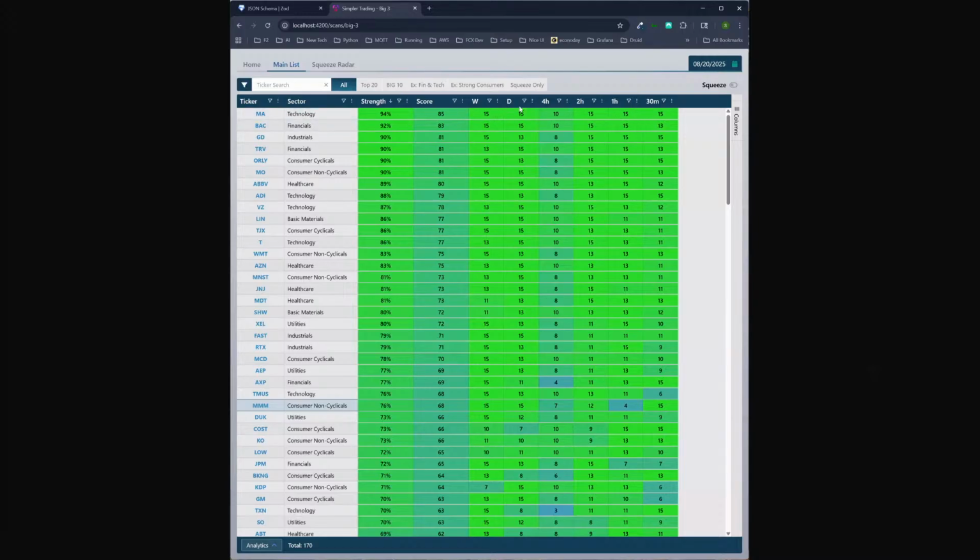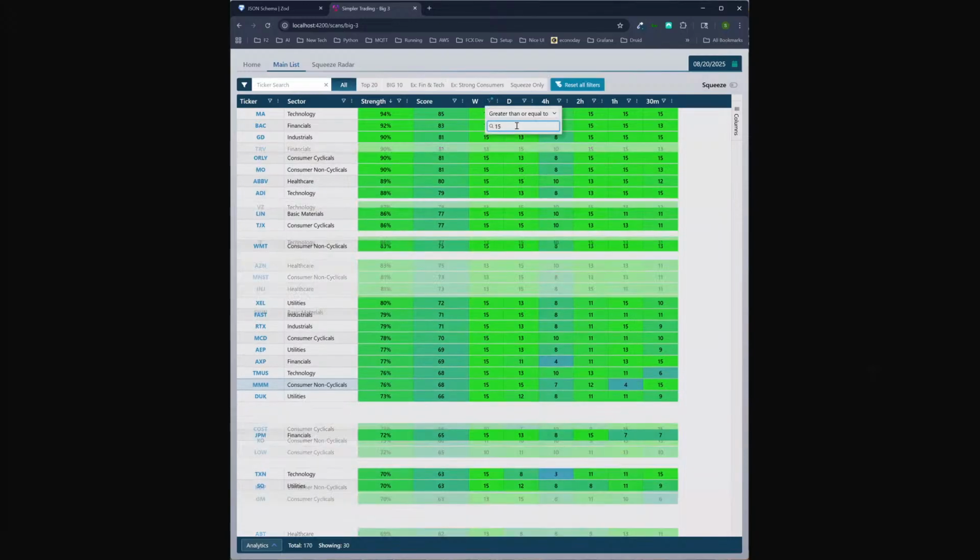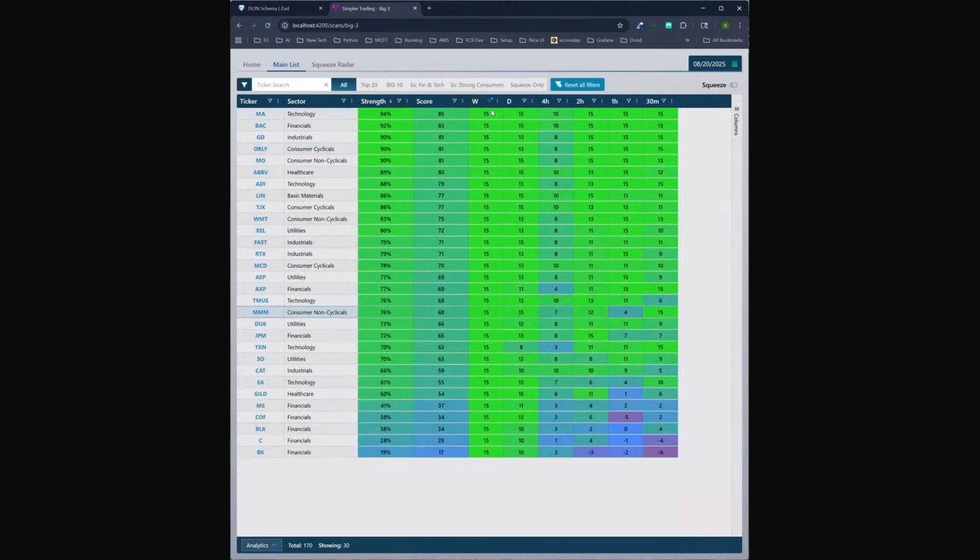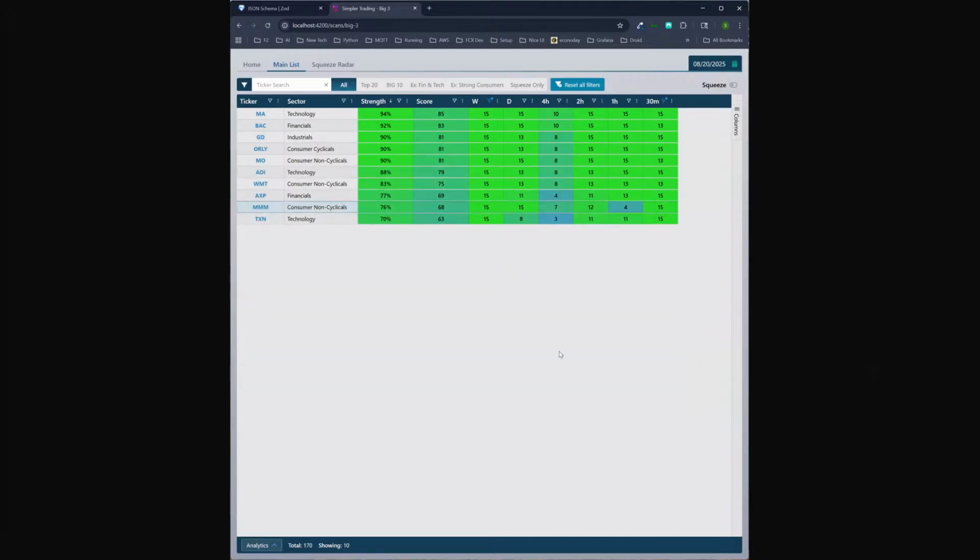Let's say you only trade the strongest on the weekly, right? So you can put 15 there and you can see all of the weeklies at 15. And then, for whatever reason, you also trade on the 30-minute time frame, and you only trade 13 and up. And there you go.